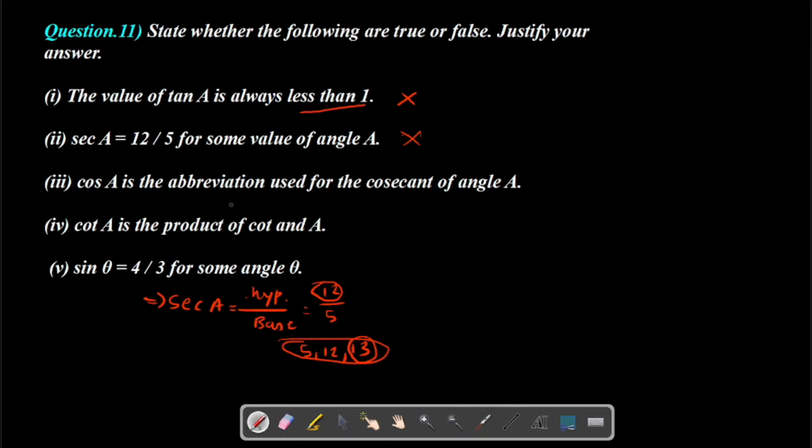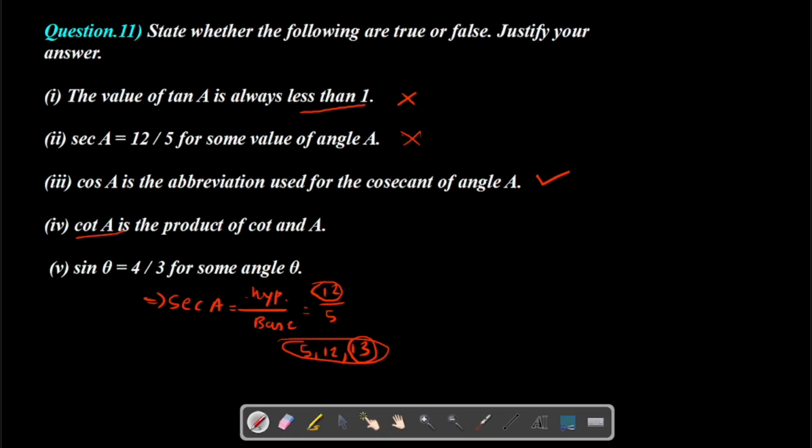Next: cos A is an abbreviation used for cosecant of angle A. We already know that for cosecant of A we use cosec A, so this is not true. Then: cot A is the product of cot and A. Is it true or not? Definitely not.